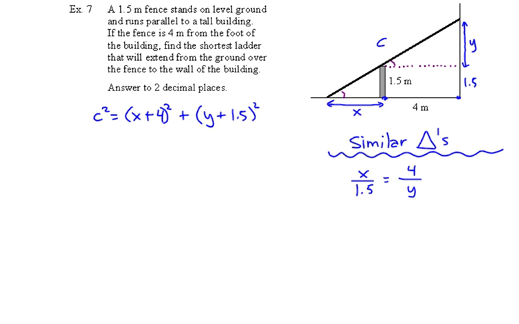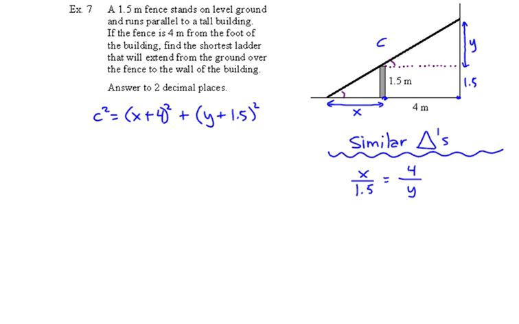We're not done. We want to replace one of these, either x or y. It doesn't matter which one. So we have x over 1.5 is 4 over y. Or y over 4 equals 1.5 over x. Solve for x, sure. It doesn't matter which one, either x or y.